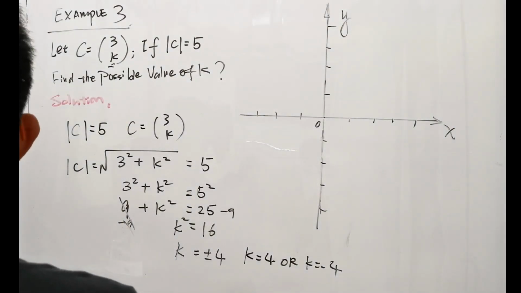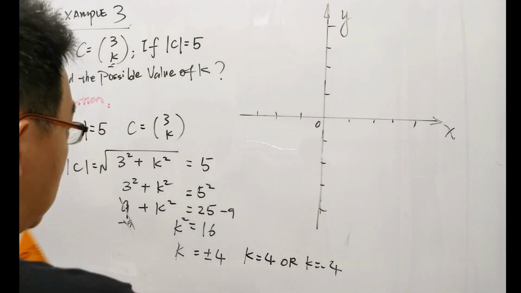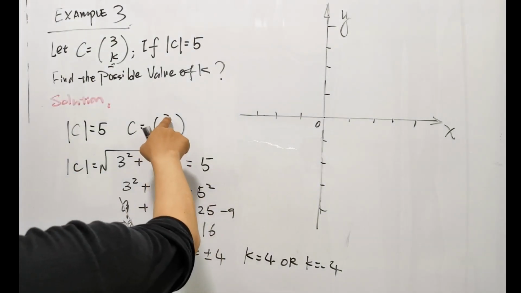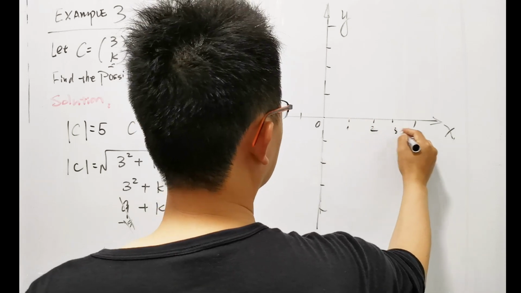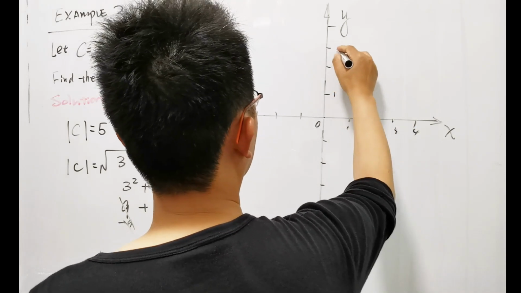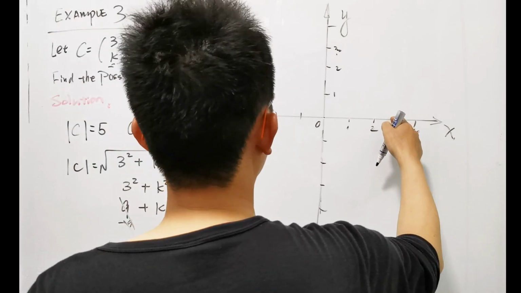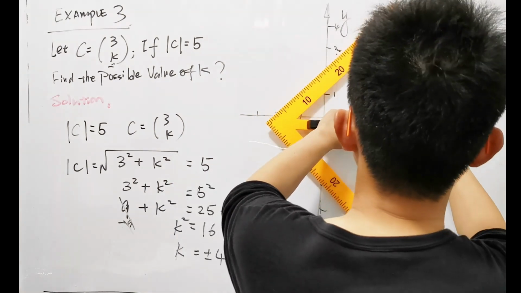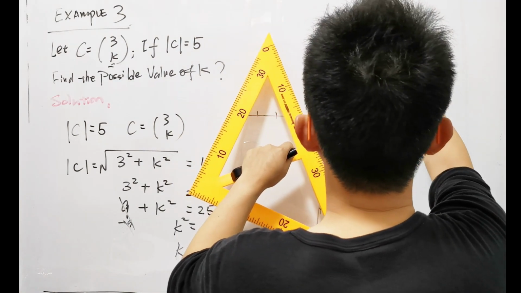If we put k equal to 4, we have 3 and 4. So 3 is here and 4 is here.